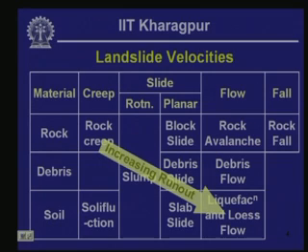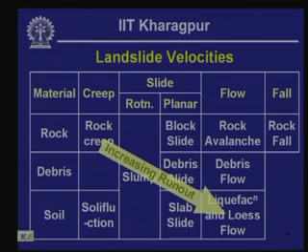Then, if we consider the runout distance, or the distance to which the unstable mass is likely to travel, the runout distance actually increases as we go from left again to the right of this particular table.